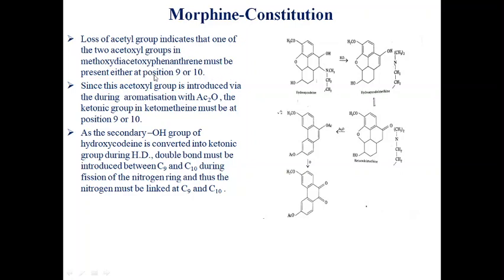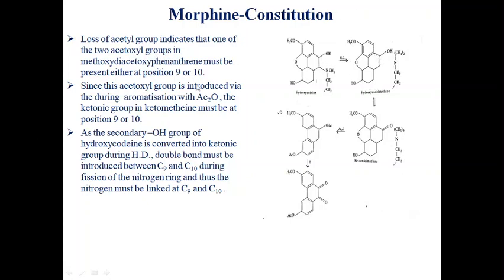methoxydiacetoxyphenanthrene must be present at position 9 or 10. This is position 1, 2, 3, 4, 5, 6, 7, 8, 9 or 10. This means that out of two, one of the acetoxy groups is present at position 9 or 10.